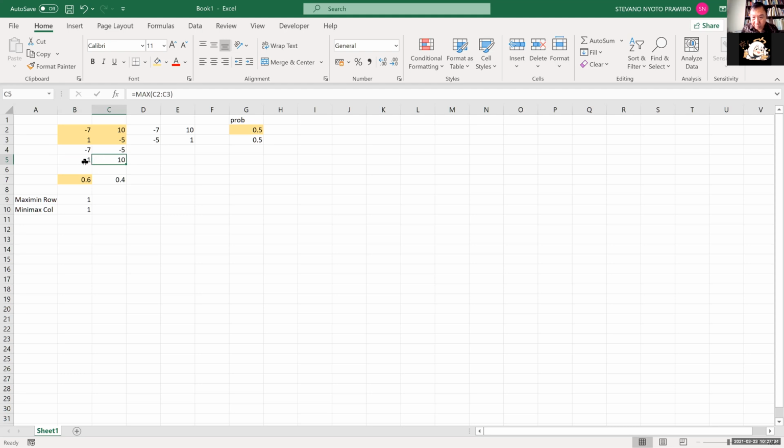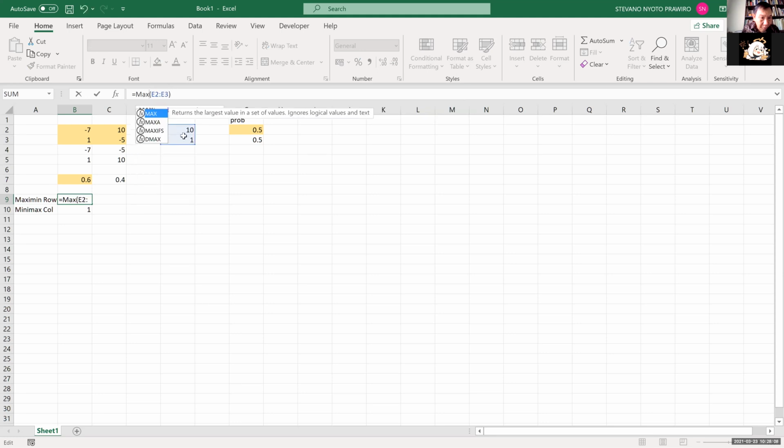The drilling oil, minimum row is -7 and -5. And then, oh, sorry, your maximin is not correct. Maximum is... this one must be maximum, sorry. This one must be maximum.